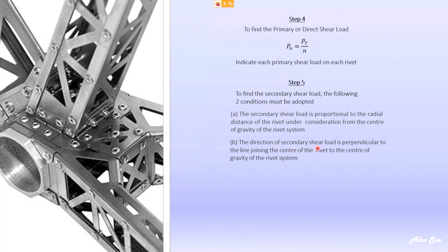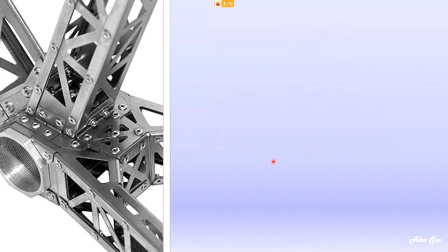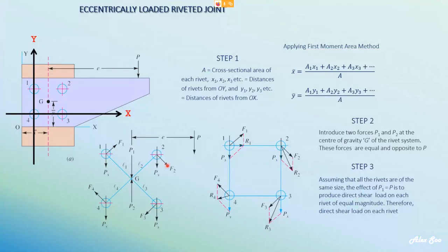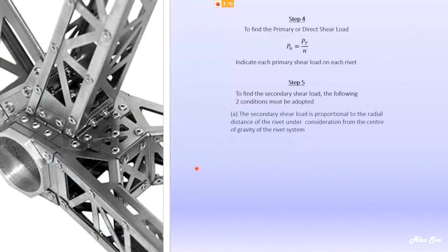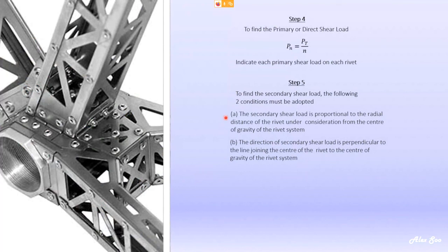The direction of secondary shear load is perpendicular, that means 90 degrees, to the line joining the center of the rivet to the center of gravity. So see this, the F here must be 90 degrees to these lines. So these are the two conditions. Make sure you fulfill these two conditions.